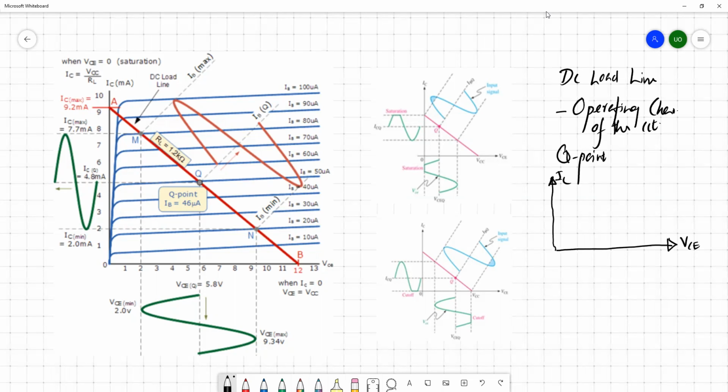This is available in any transistor data sheet, for different base currents. So you can have multiple curves representing this VCE, IC variation. This is the device characteristic.